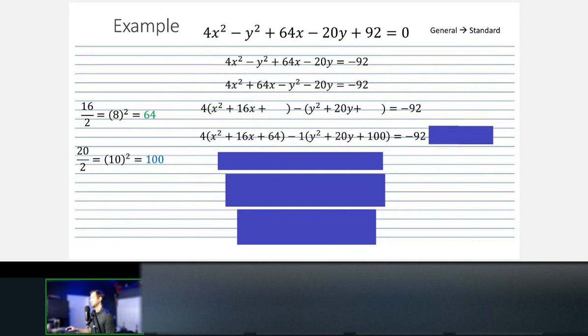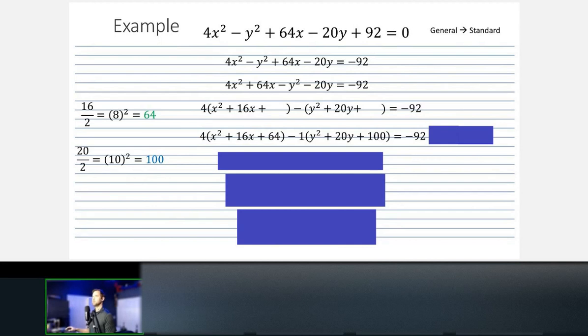But what are we forgetting? Yeah, we need to add. But what are we adding to the other side?